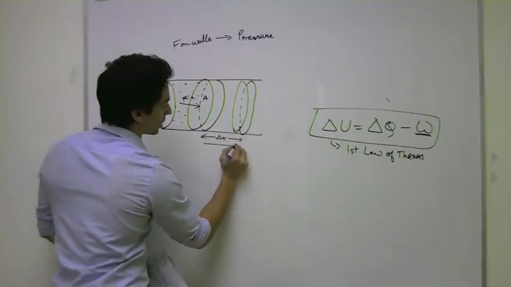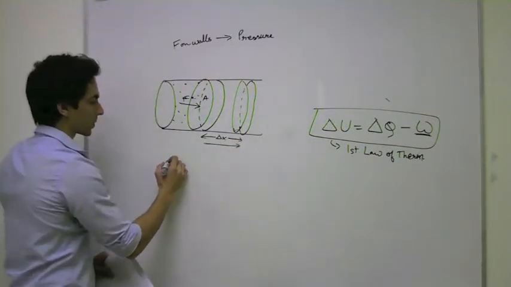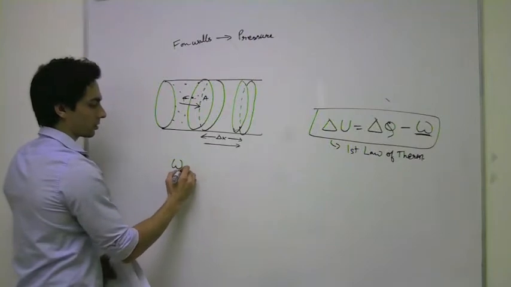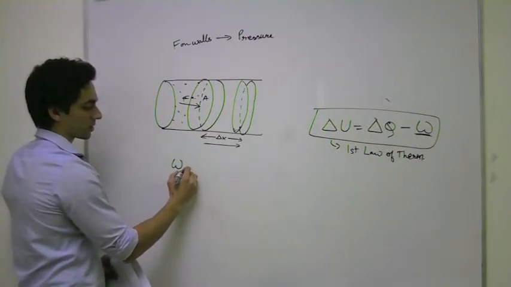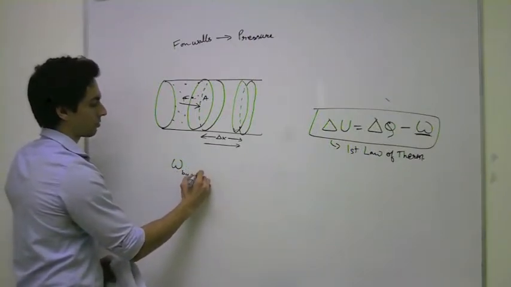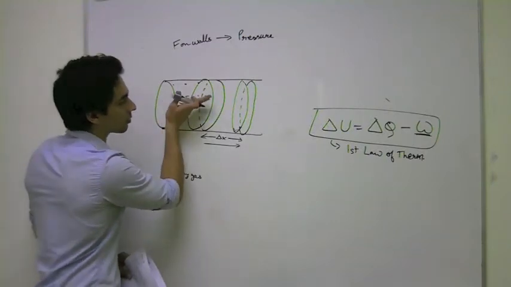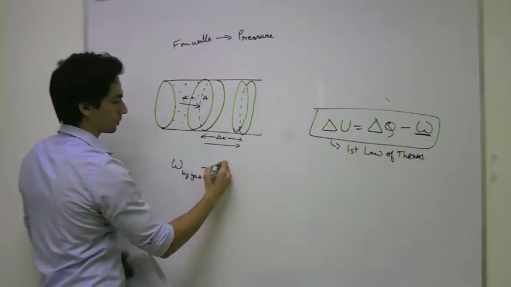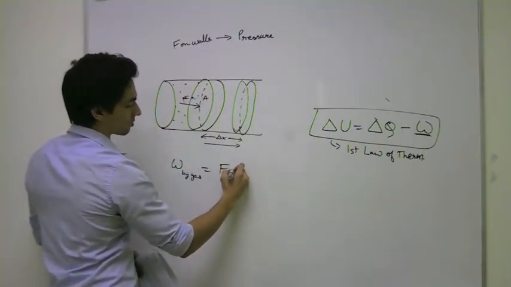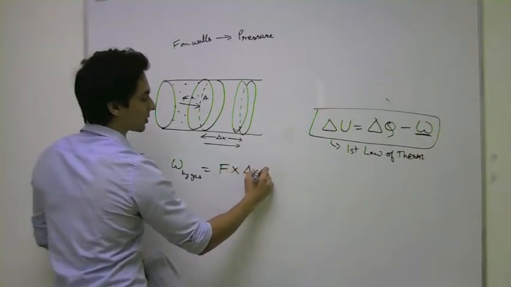So it has moved a distance of delta x. The work done by the gas in moving the piston from here to here would be the force multiplied by the distance traveled.